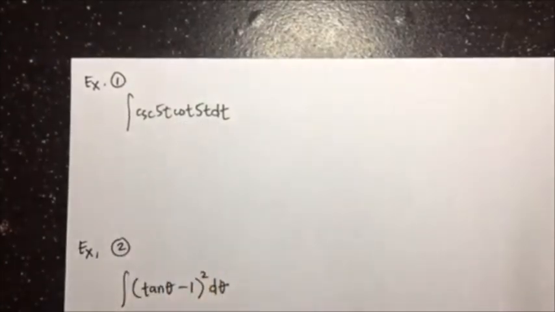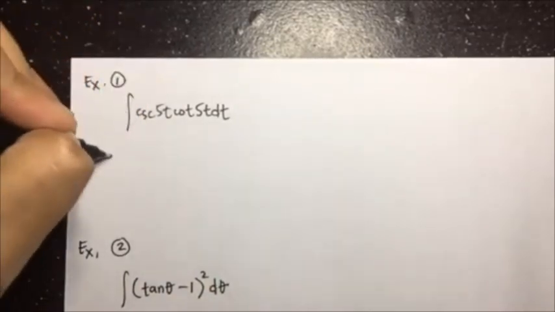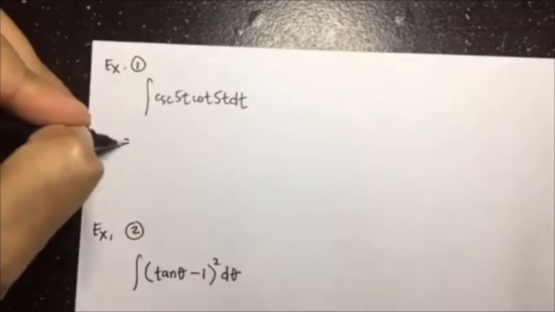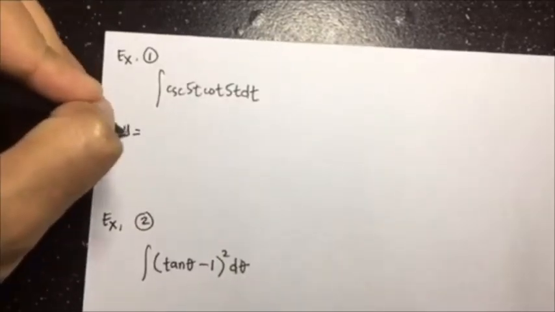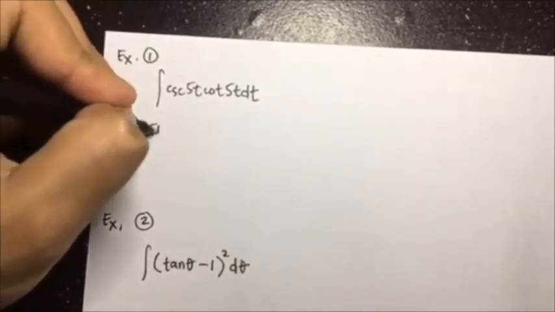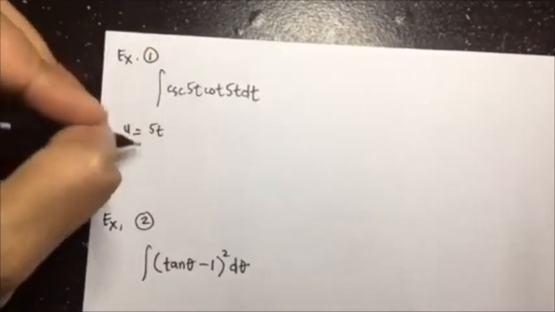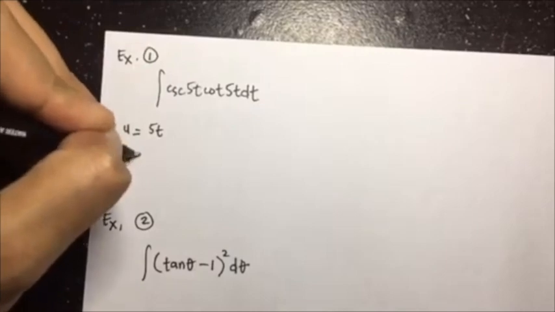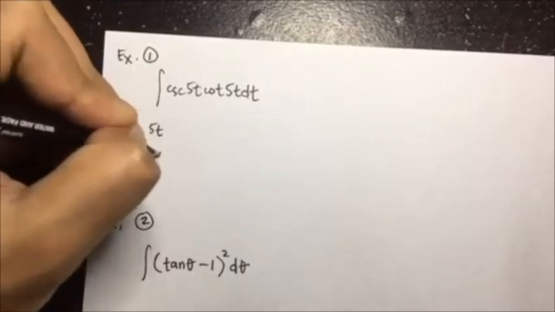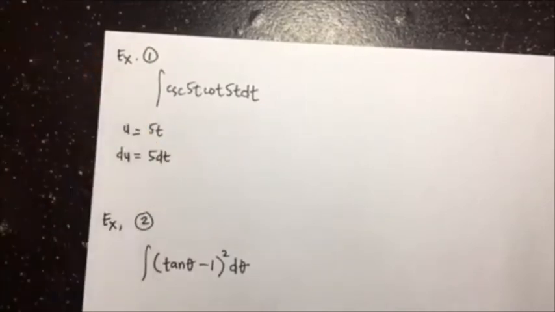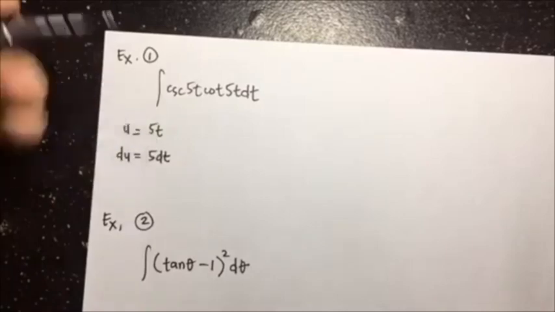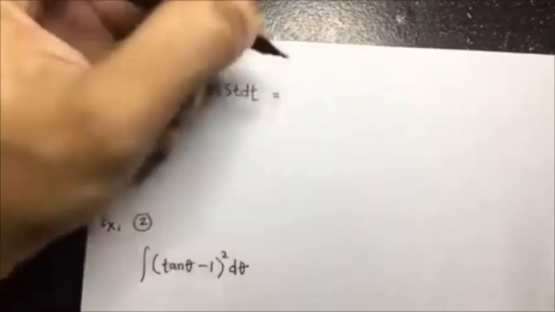This is still similar with the natural logarithm and the general power formula, where the differential part should be the complete differential of u. Our u here is equal to 5t, so our differential du should be equal to 5 dt.